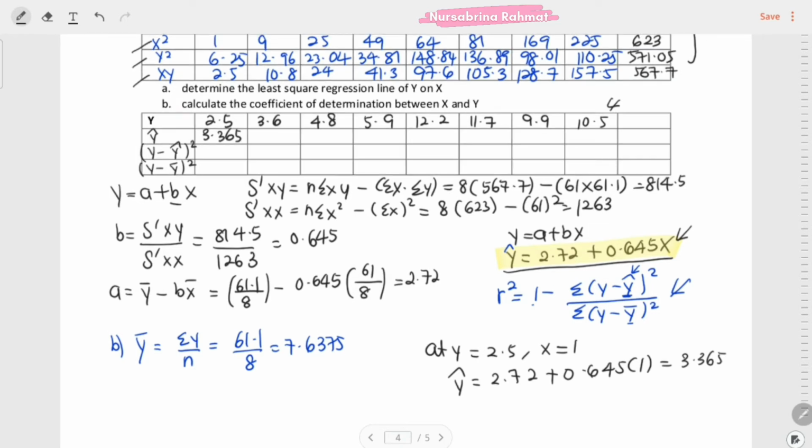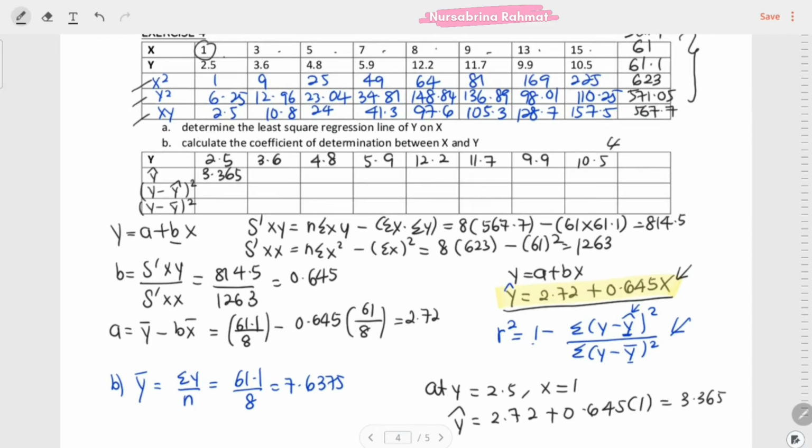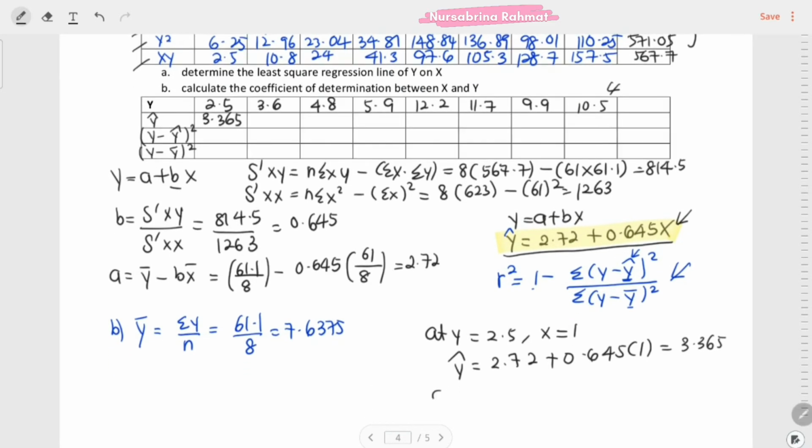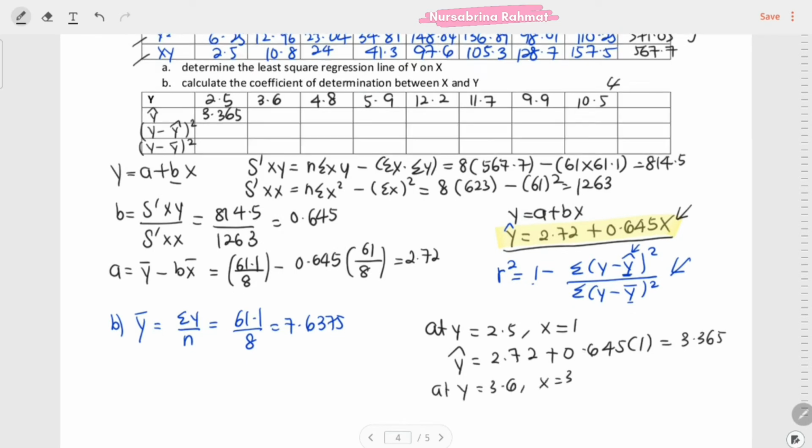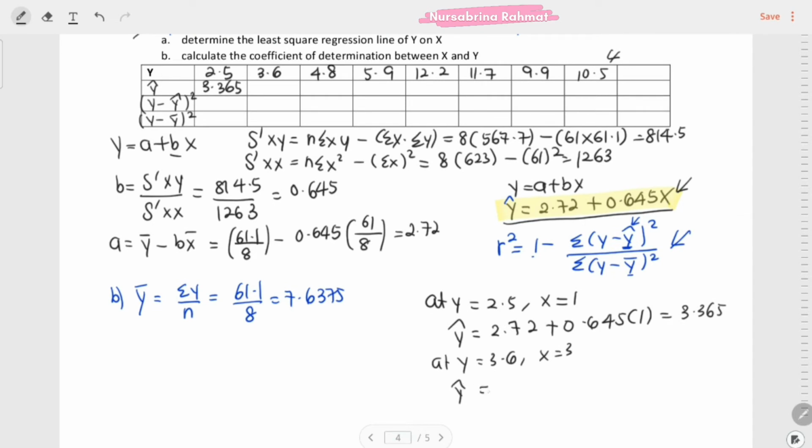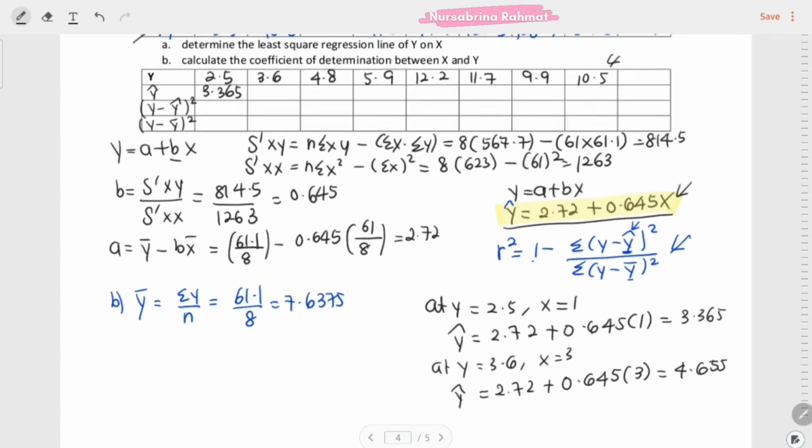Next, when your Y equals 3.6, your X equals 3. So your Y regression is 2.72 plus 0.645, and the X value we're going to substitute with 3. Then we find your new Y of regression, which is 4.655.